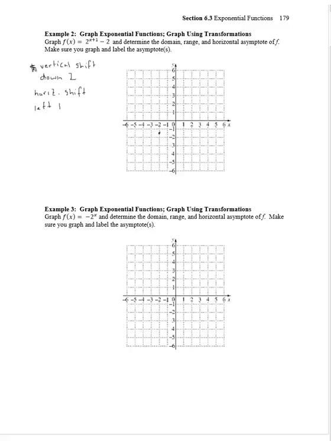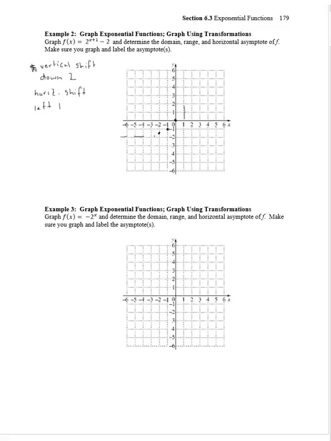right there. Okay, we always know we have the point 0, 1. So if we move down 2 and left 1, that point is now right here. And we always know we have the point 1, a. So in that case it would be 1, 2. And we move that down 2 and over 1. And it's right there. Now, our horizontal asymptote also moves down 2.